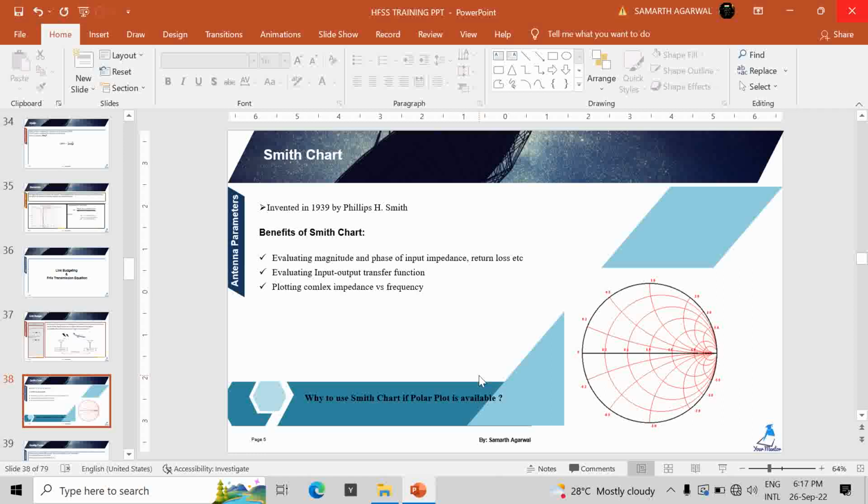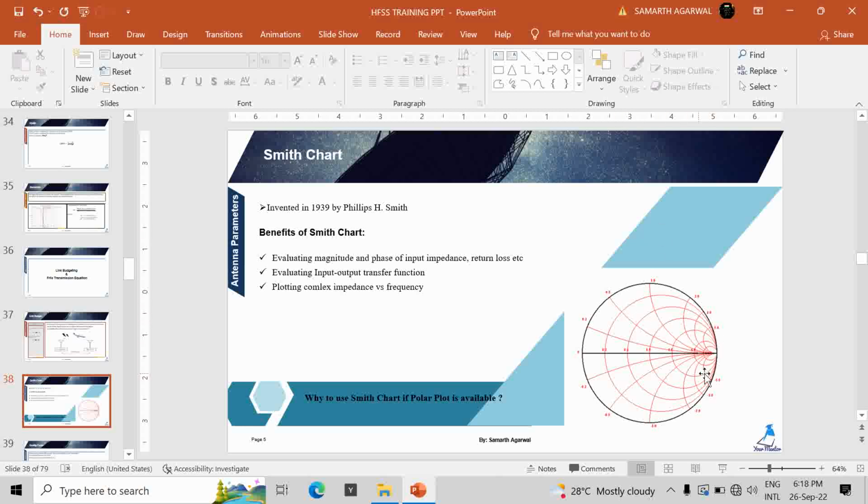Plotting complex impedance versus frequency can also be done. Further, it has short and open points. Between them is the load: open is R equals infinity, and in between, R equals 50 ohm is the midpoint, the center of the Smith chart.